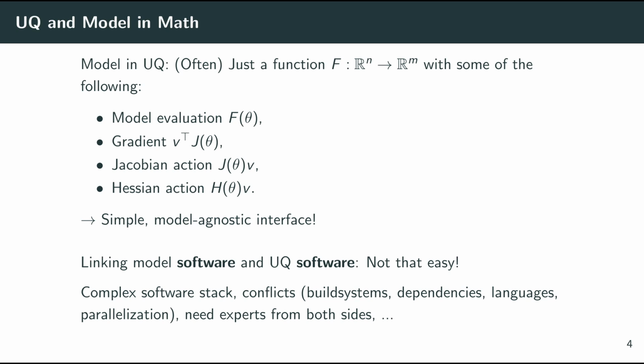We can have build systems that might not play along. We can have very different approaches to parallelization that don't really align. And last but very much not least, we often need experts from both sides to work together very closely in order to make these applications work, which of course makes those projects all the more challenging.